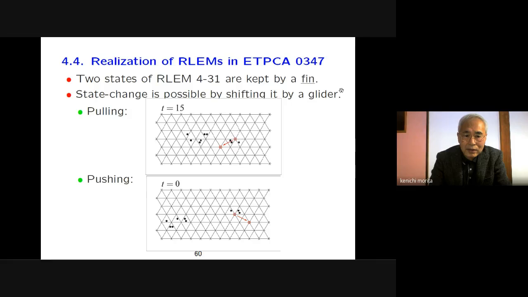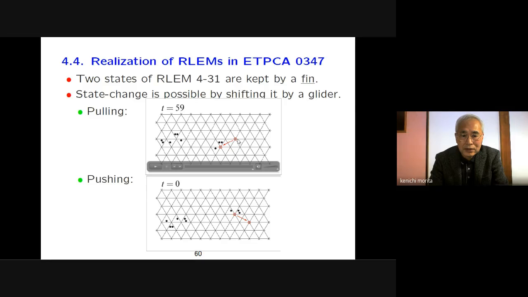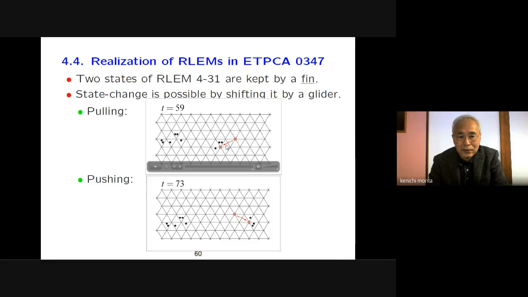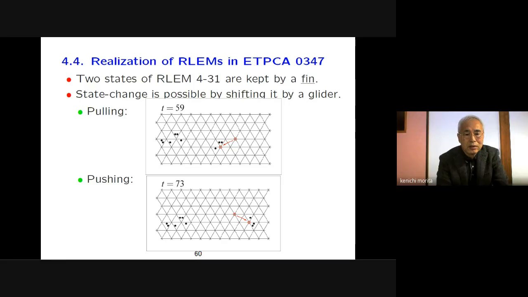By colliding a glider appropriately, the position of a fin is shifted. This is a case of pulling. This is a case of pushing. In this way, the position of a fin can be changed. By using such phenomena, state change of RLEM 431 can be simulated in ETPCA 0347.